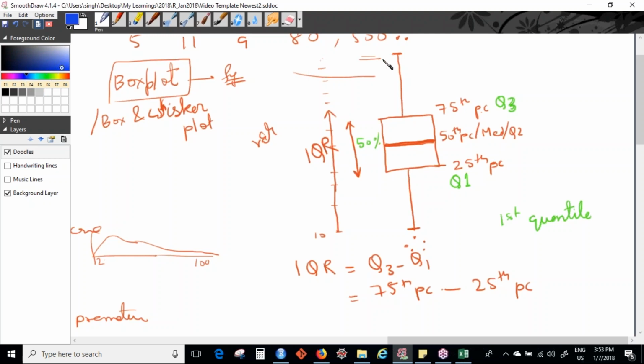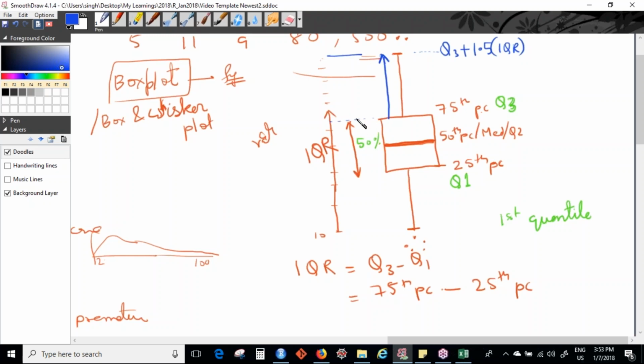And then you might be wondering, what is this distance then? You can arrive at this point by Q3. So this is Q3, right? This distance is Q3 plus 1.5 times IQR, then you will get to this place.